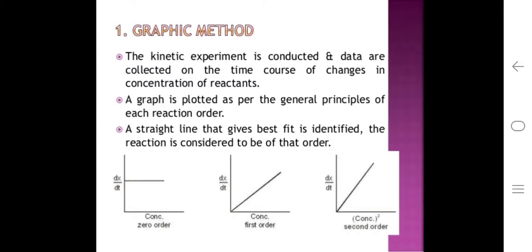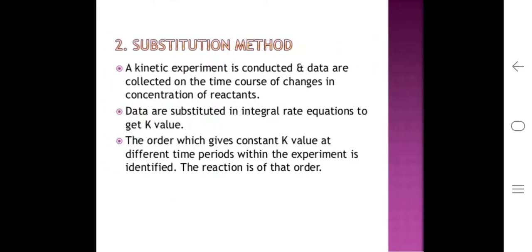A graph is plotted as per the general principle of each reaction order, for zero order, first order and second order. A straight line that gives best fit identifies the reaction as being of that order.